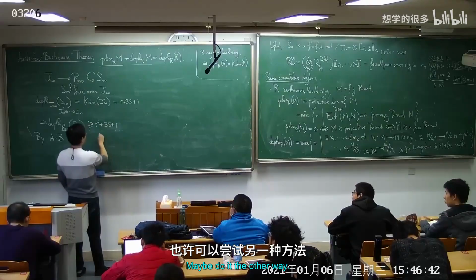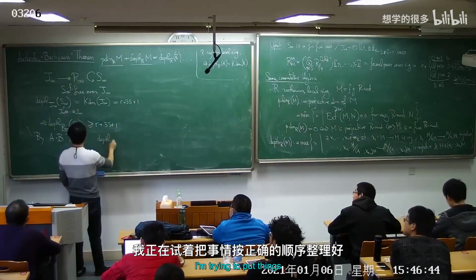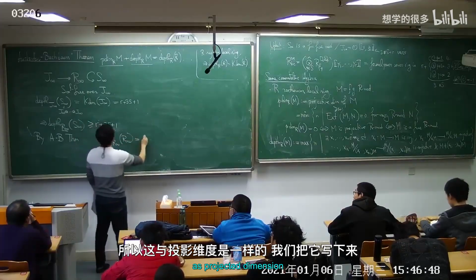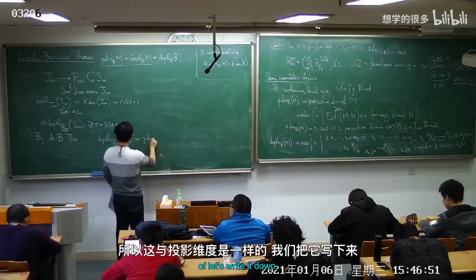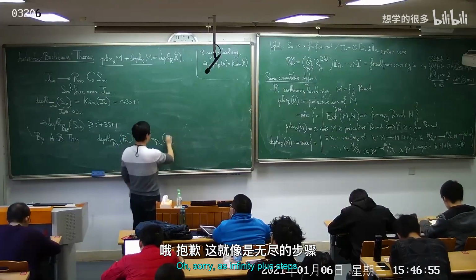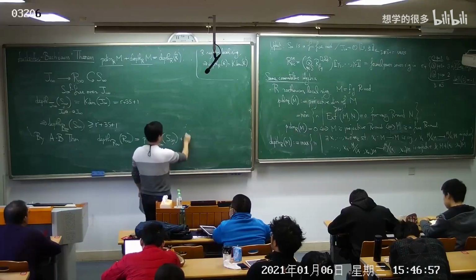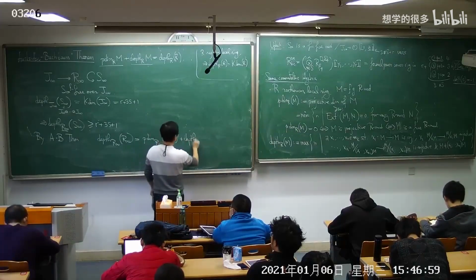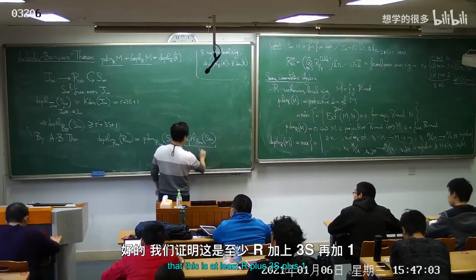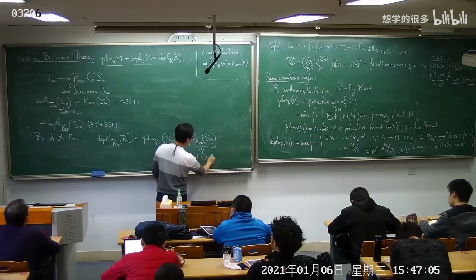Maybe do it the other way. Sorry, I'm trying to put things in the right order. So this is the same thing as the projective dimension of, let's write it down, S infinity plus depth. Okay, we showed that this is at least R plus 3s plus 1.